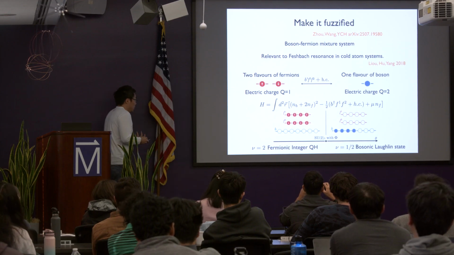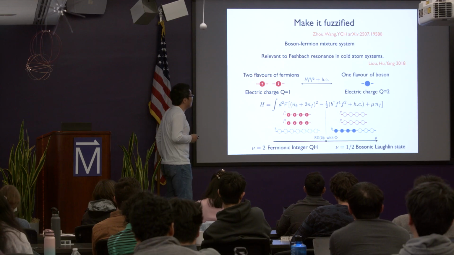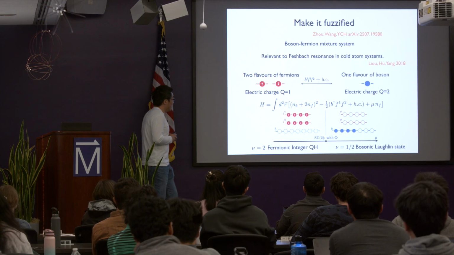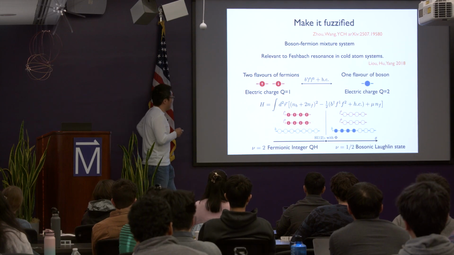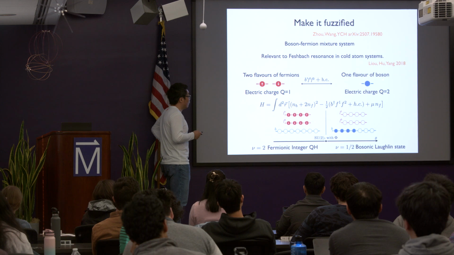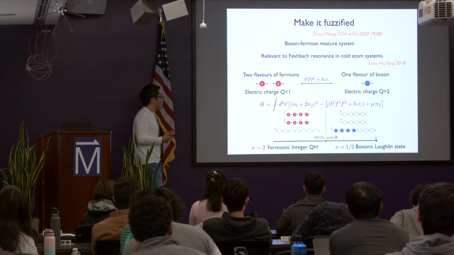As you will see, it's actually been very natural to consider such a problem in cold atom systems. The model is like this. I have two flavors of fermions and one flavor of boson, and they carry different electric charge.